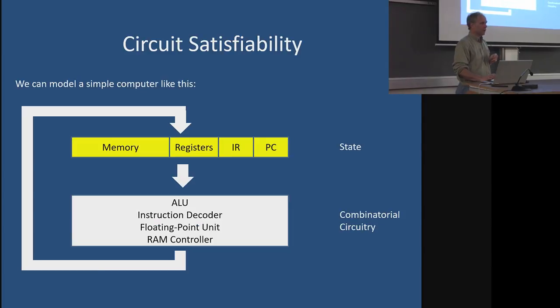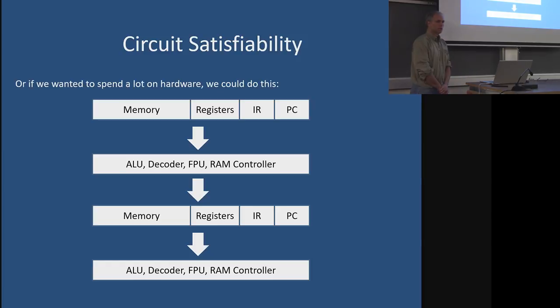Now, what you could do is, instead of building a computer that way, with a clock, just build it with a whole pile of hardware. Instead of reusing your circuitry every clock cycle, just make a copy for every clock cycle you need. The first clock cycle, the signal will be down to here, and the next clock cycle, it makes it down to here.